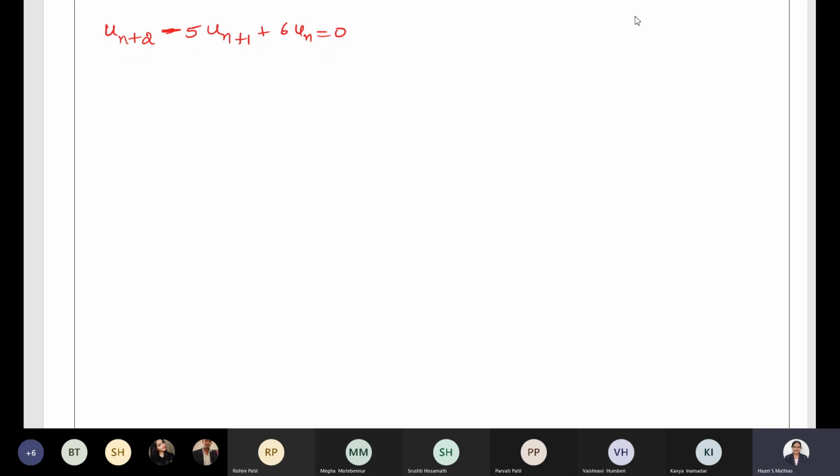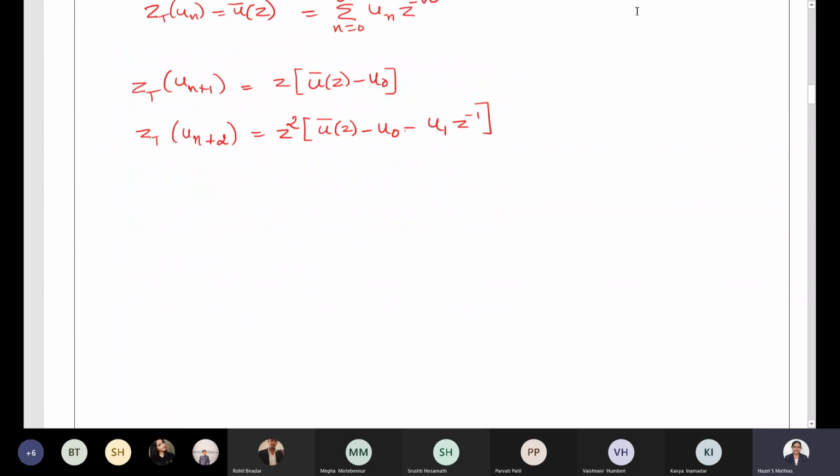What we do is take Z transforms on both sides. We get Z transform of un plus 2 minus 5 times Z transform of un plus 1 plus 6 times Z transform of un, equal to Z transform of 0.